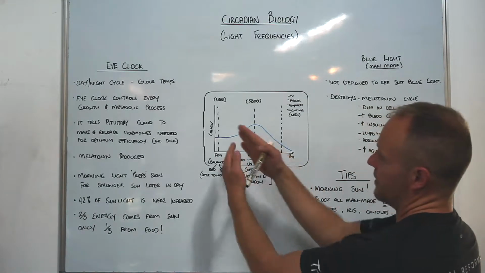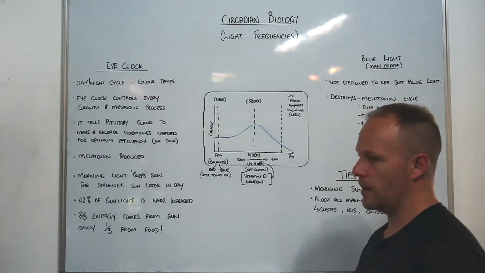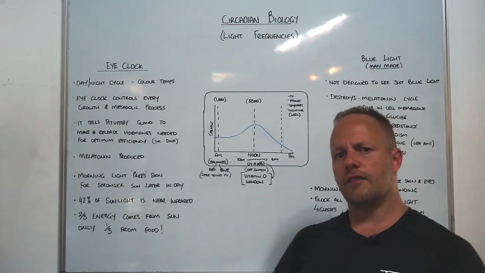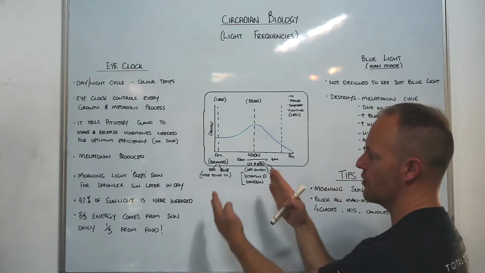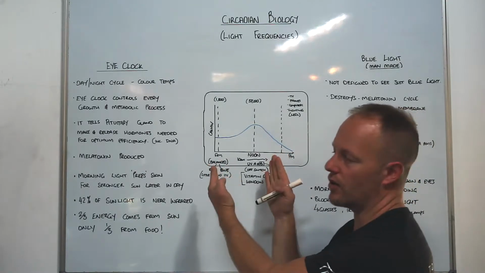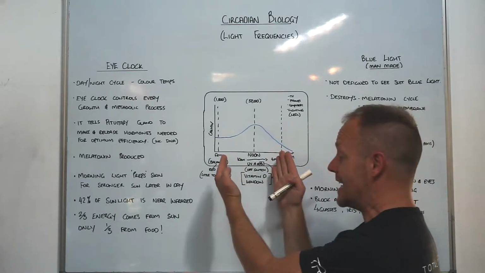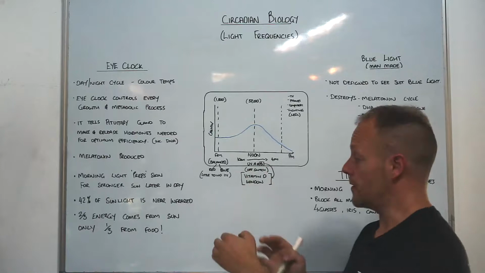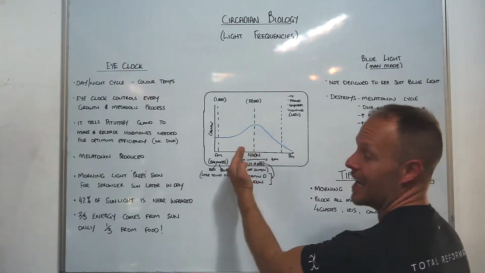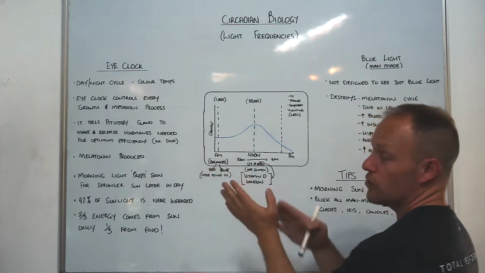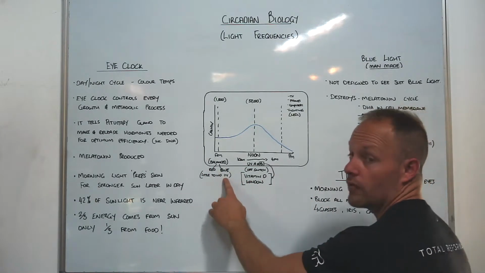Now, when we're looking at the light frequency throughout the day, a lot of people say, yes, you've got to get in the sun for your vitamin D, 100% right. But what is very important to know is that there is only a small window of which vitamin D can be produced or absorbed through the body. In the morning, from AM up until about 10 AM, the reds and blues are balanced and there's very little ultraviolet light.